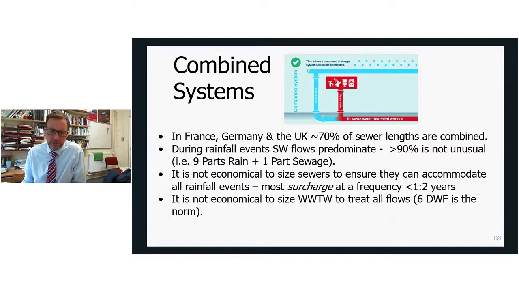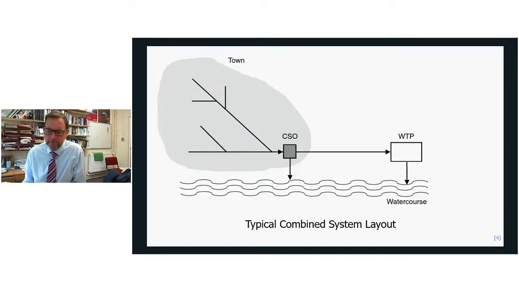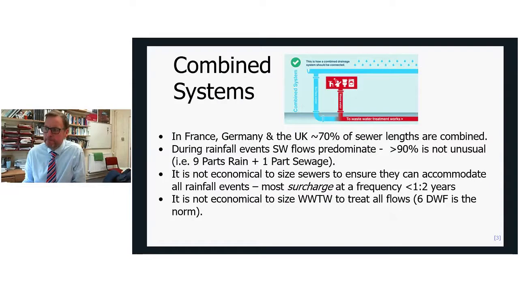So what does surcharging mean? If we have a pipe like this, and then we have a manhole shaft that goes up to the surface, what we expect is that most of the time the foul flow, when it's not raining, will be occupying the very bottom of the pipe.